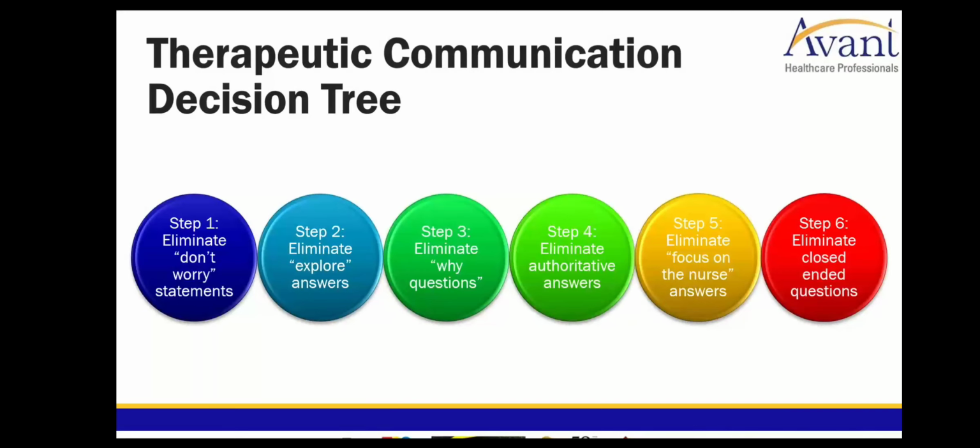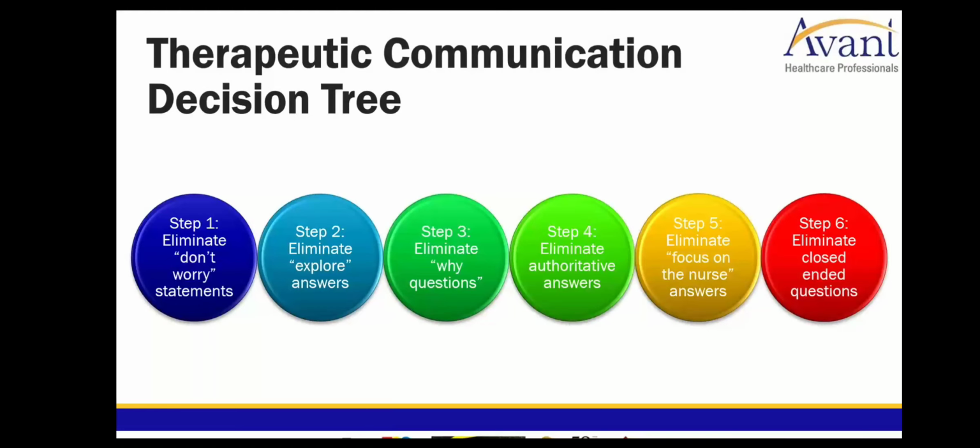A good example might be, have you taken your meds today? Well, that's a good question, but it's just a yes or no answer. That's a close-ended question. Another way to ask that question to make it open-ended would be, tell me about your medication schedule every day. That opens up the question for the patient to describe to you in detail what their day is like.